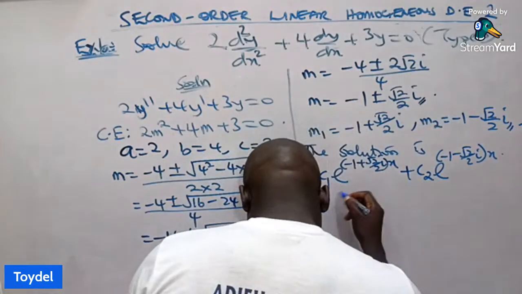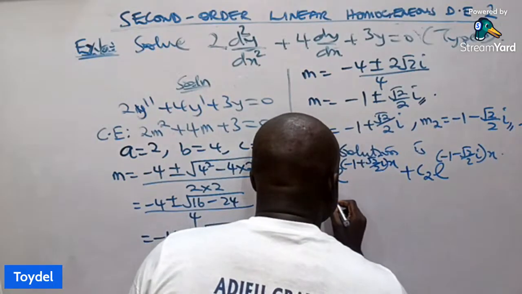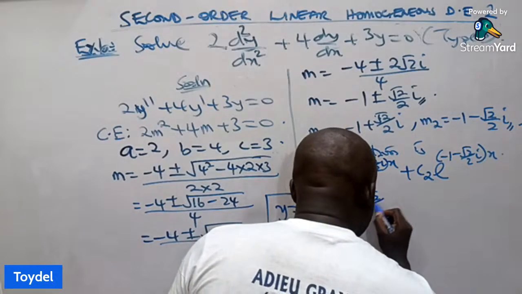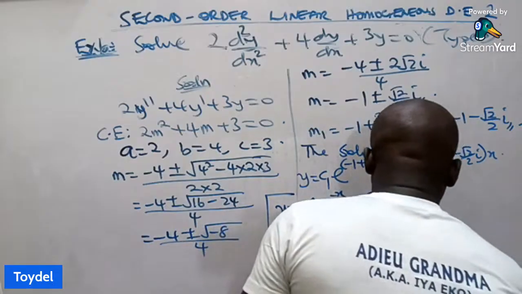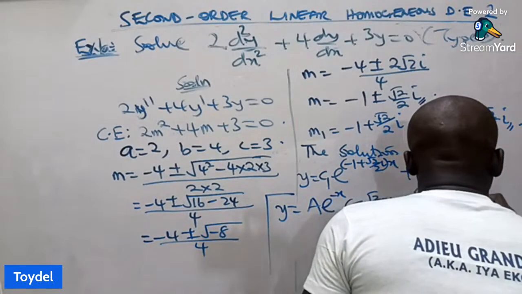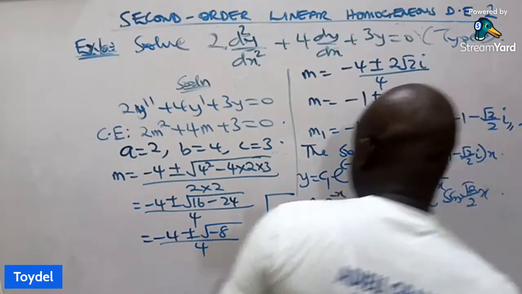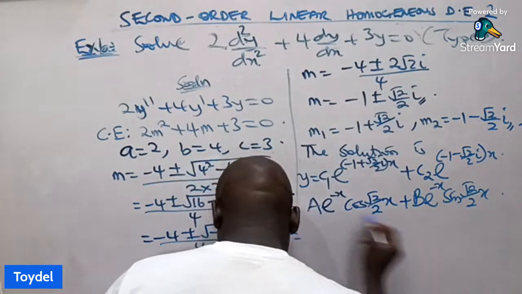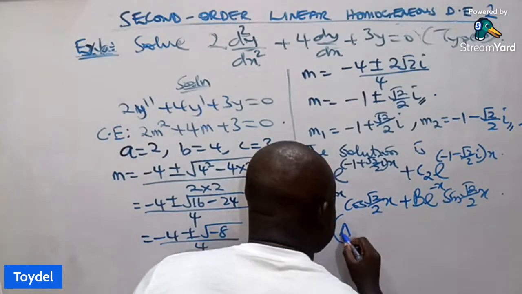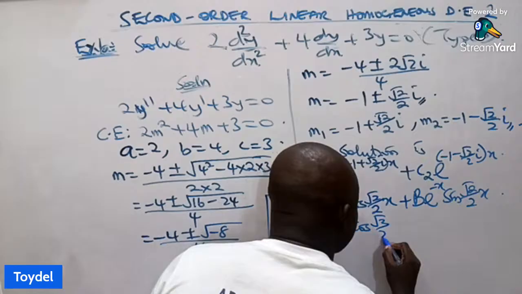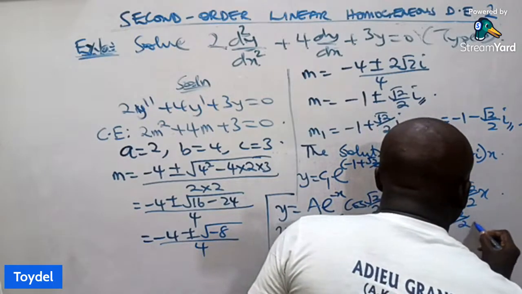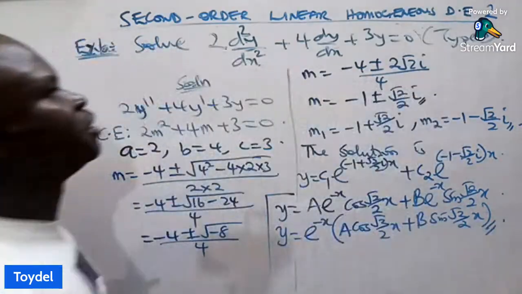And finally, e raised to the power minus x is common, so y is equal to e^(-x) times (a cos((√2/2)x) plus b sin((√2/2)x)), which will be the final solution.